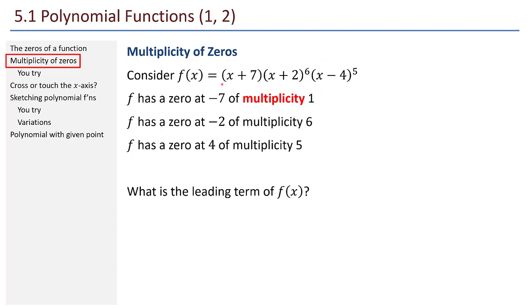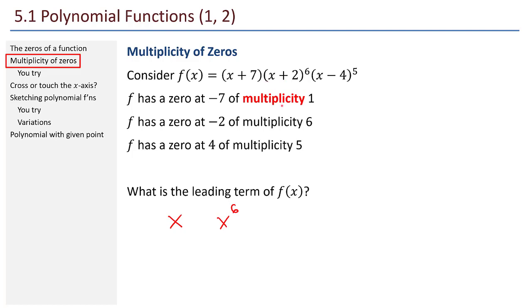Let's look at that first factor, x plus 7, and I'm going to pull out the x from there. And this next factor, (x plus 2) to the 6th, if I multiplied that all out, I'd get a bunch of stuff all being added together, but at the very front of that, I would have x to the 6th.